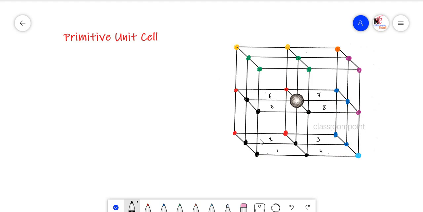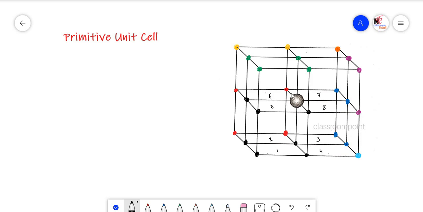But whenever this is in touch with a side unit cell, this atom is shared between the two unit cells.